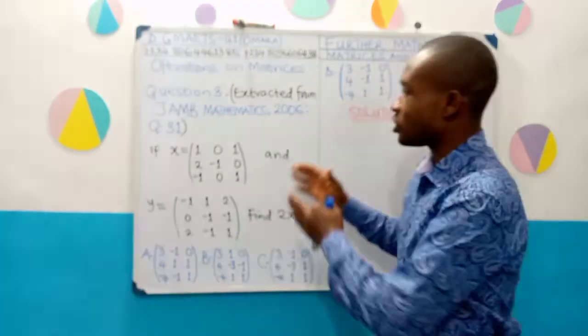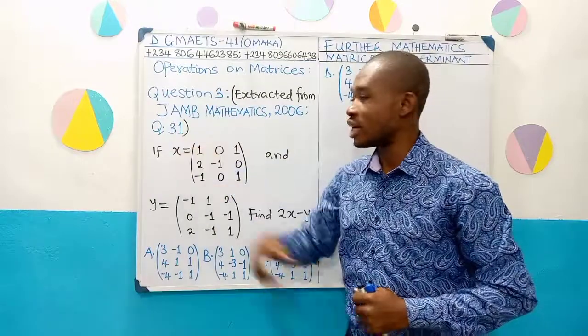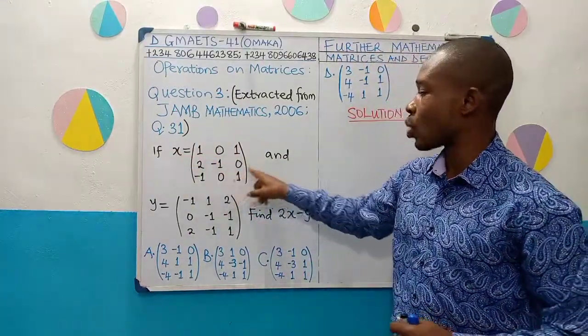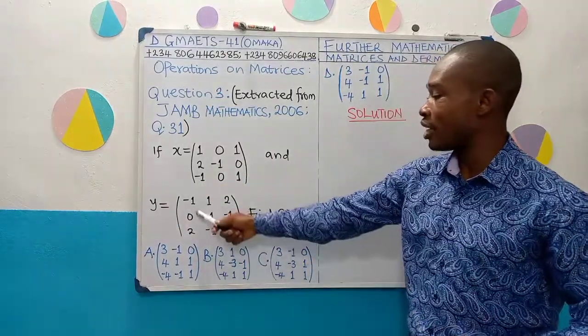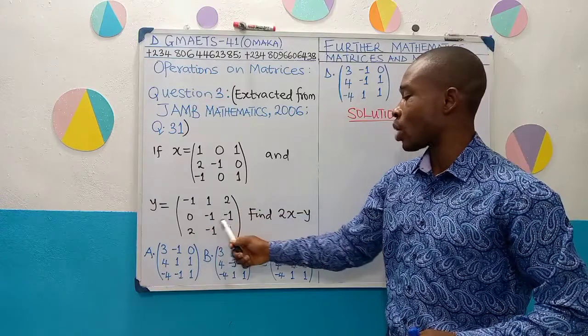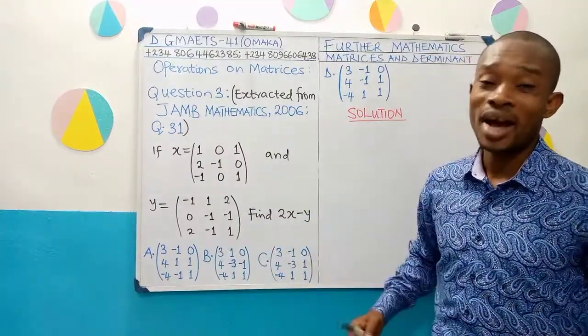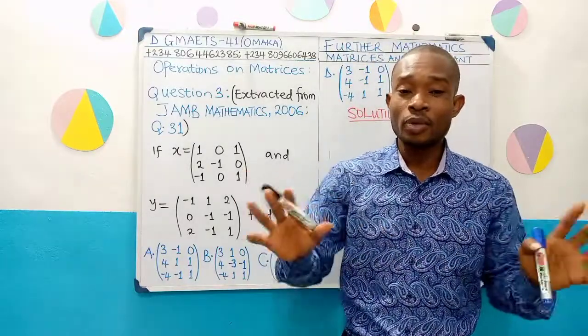We've got this question here again, still JAMB Mathematics, 2006, question number 31. The question said that if x is equal to 1012 minus 10 minus 101 and y is equal to minus 112, 0 minus 1 minus 1, 2 minus 1, 1. Find 2x minus y. 2x minus y is a simple problem.